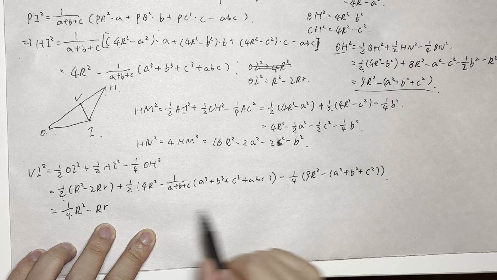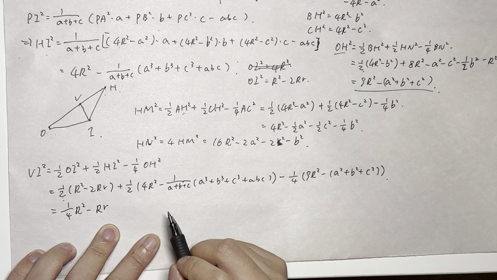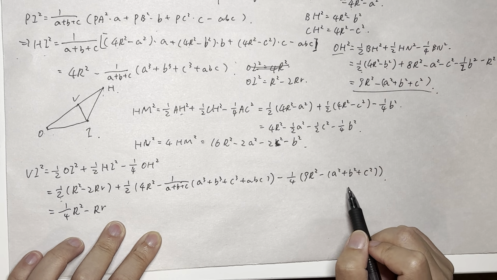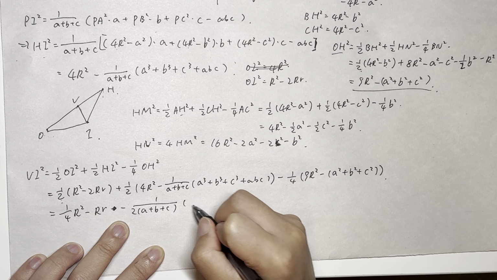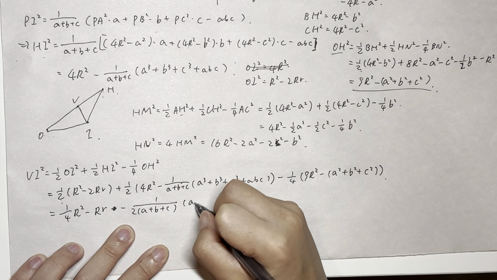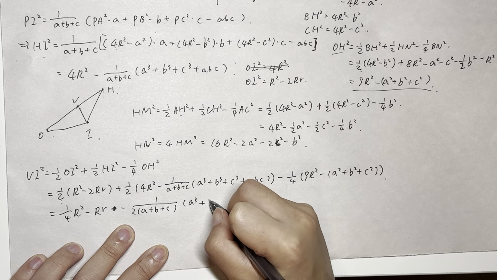And then we calculate the rest part. For the rest part, let me write it this way. We have minus 1/2 of (a plus b plus c) times this one, a to the power 3, b to the power 3, c to the power 3 plus abc, right?